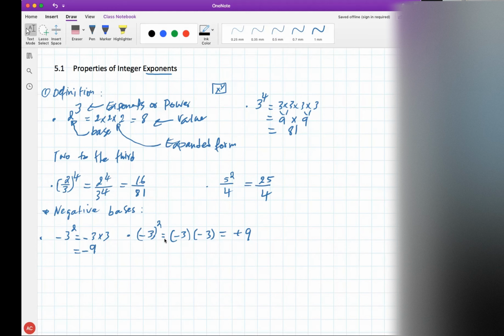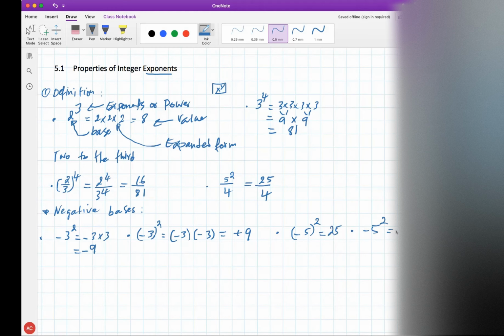So that's the difference between these two. Let me give you another example. If you have, for example, (-5) to the second and -5 to the second, they're not exactly the same. What is this one equal to? That one's going to be positive 25. And this one is going to be -5 times -5... no, negative 25.